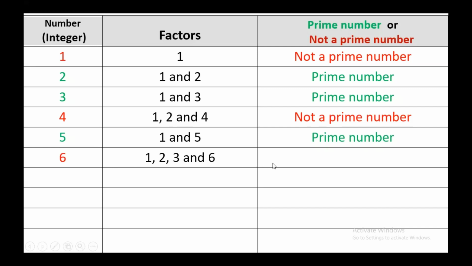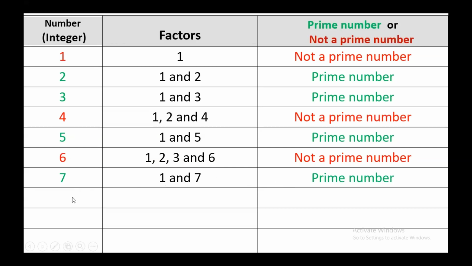So we can say 6 is not a prime number. Now take the integer 7. Find the factors of 7. The factors of 7 are 1 and itself only, 1 and 7 only. There are 2 different factors, 1 and itself only. So we can say 7 is a prime number.